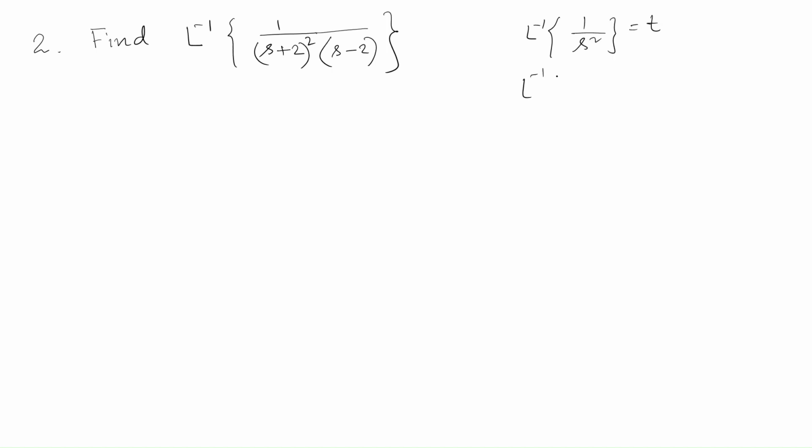Inverse Laplace transform of 1 by (s plus 2) whole square is t e power minus twice t. Inverse Laplace transform of 1 by (s minus 2) is e power twice t.